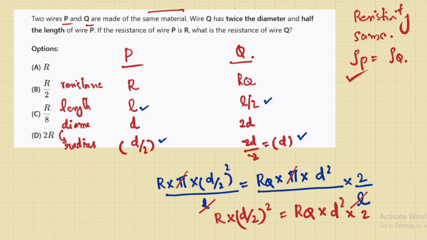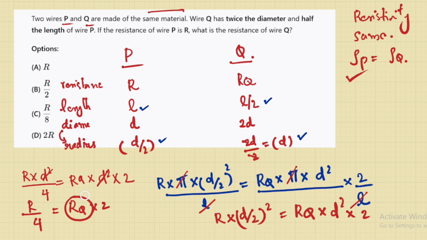So this is effectively equal to R into D square by 4 equal to RQ into D square into 2. We have D square on both sides, let's cancel. Then we'll get R by 4 equal to RQ into 2.